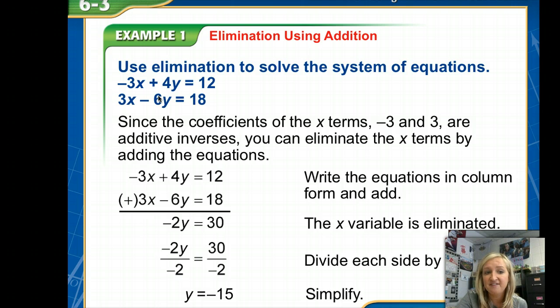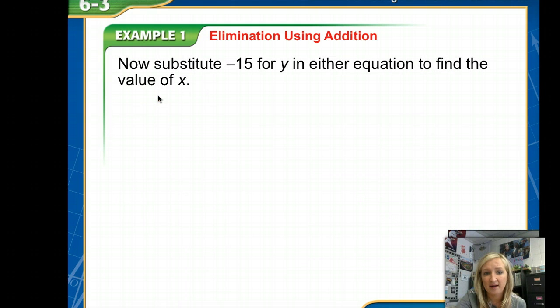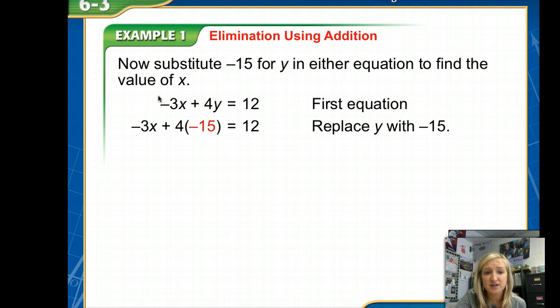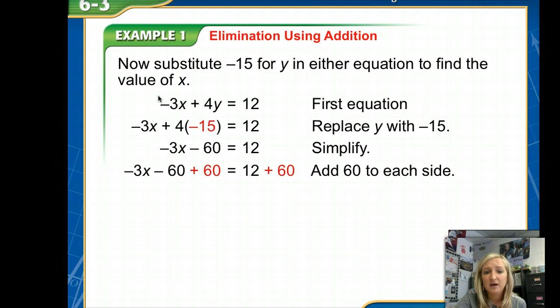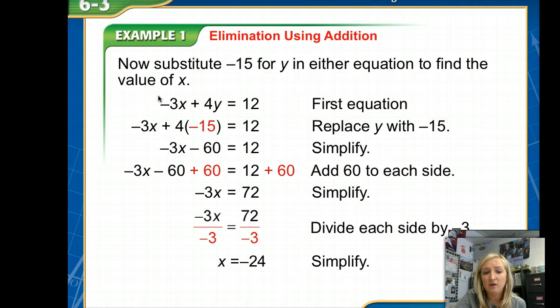You're going to take that -15, plug it into either equation, and solve for x. So we're going to plug it into the first equation, and when I solve it, I get x to equal -24. So the point where those two graphs intersect is at -24 and -15.